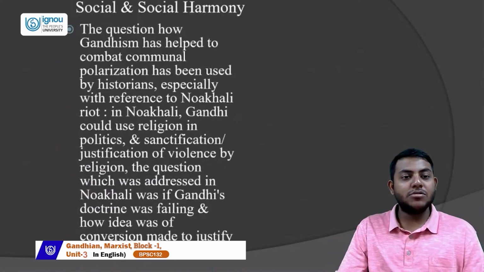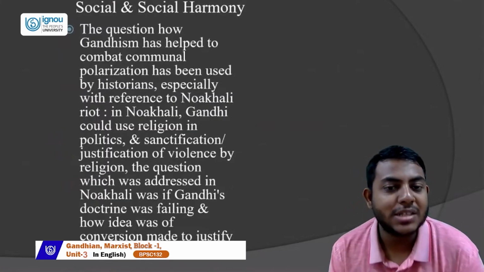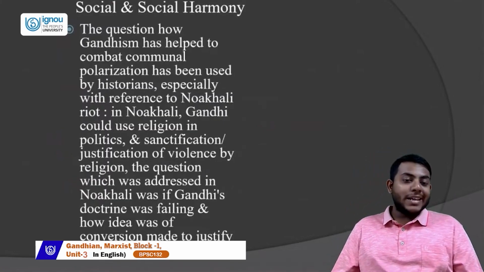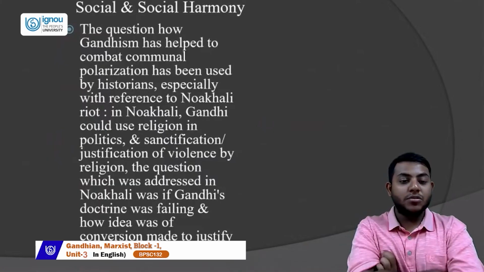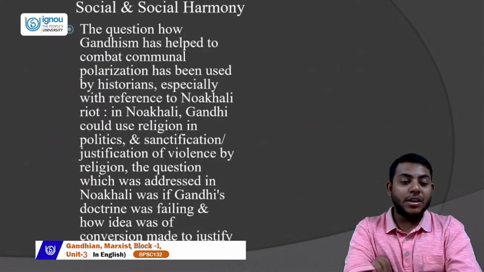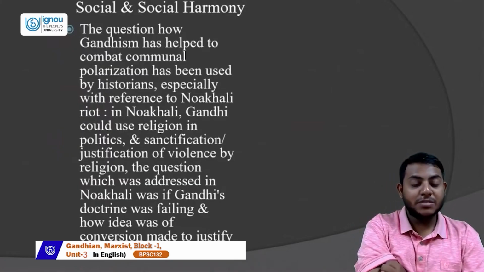Now let us discuss social harmony. The question of how Gandhism has helped to combat communal polarization has been examined by historians, especially with reference to the Noakhali riots. In Noakhali, Gandhiji could use religion in politics, against the justification of violence by religion.